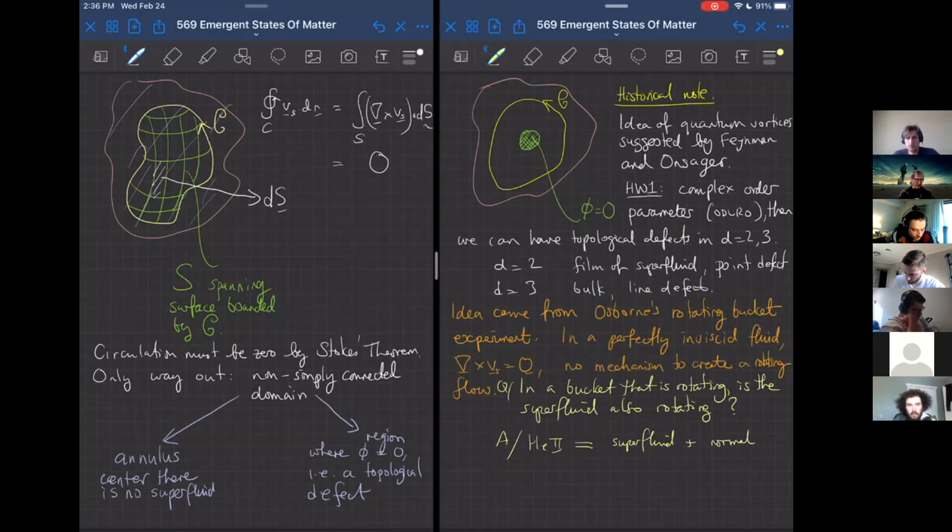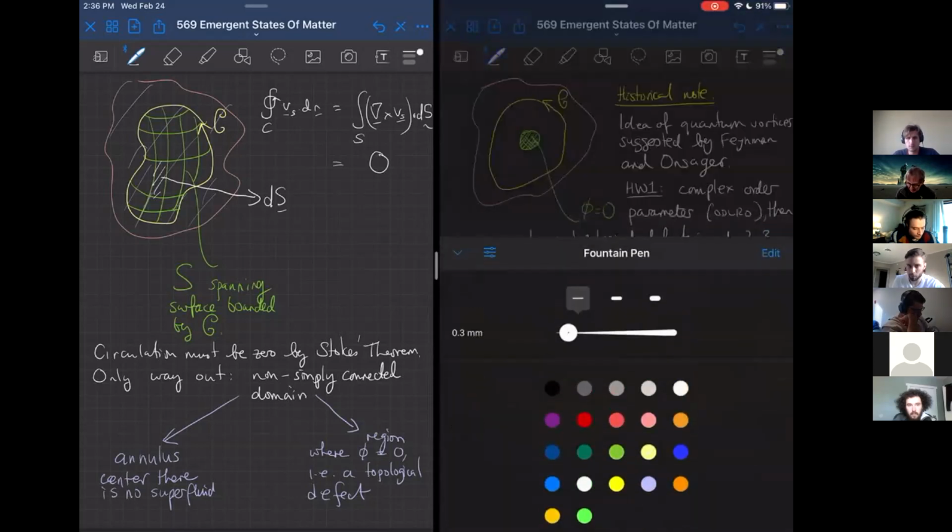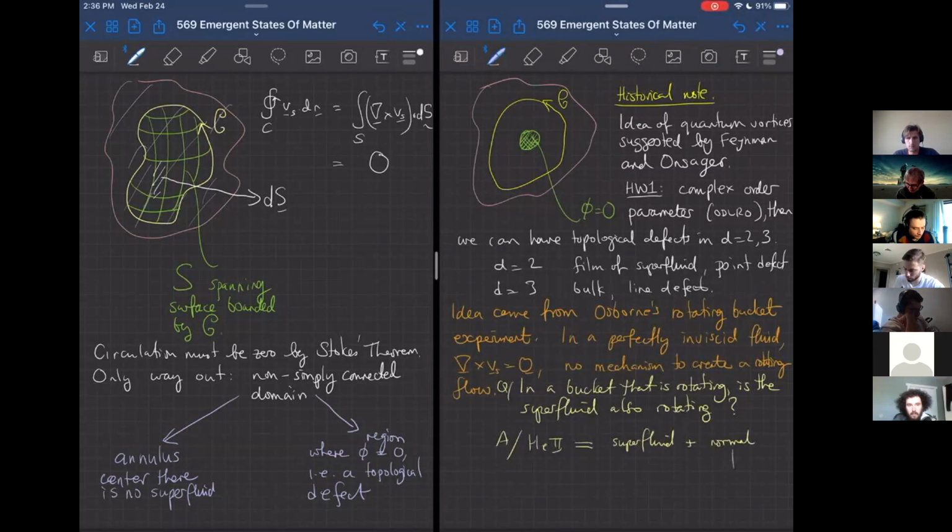So what you would expect is that the normal component has viscosity, and so this will rotate. But the superfluid component does not have viscosity, and so this will not rotate. That's what you would expect.